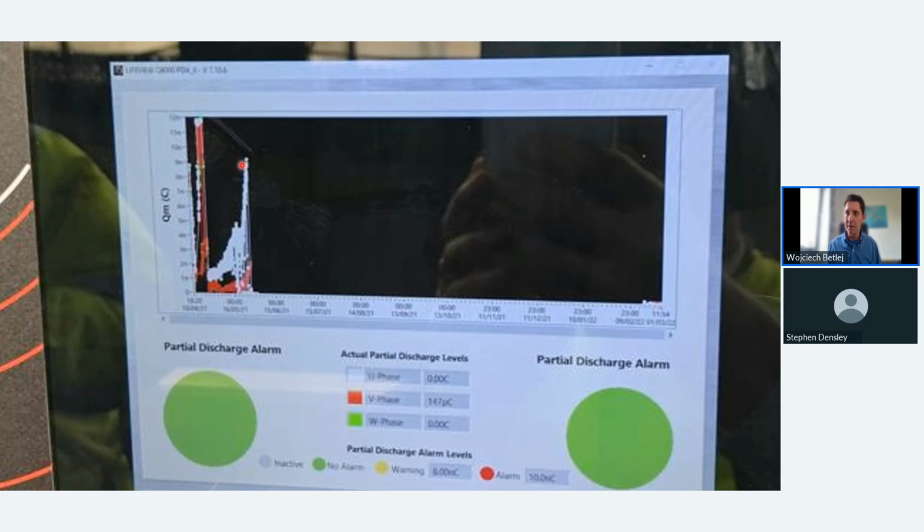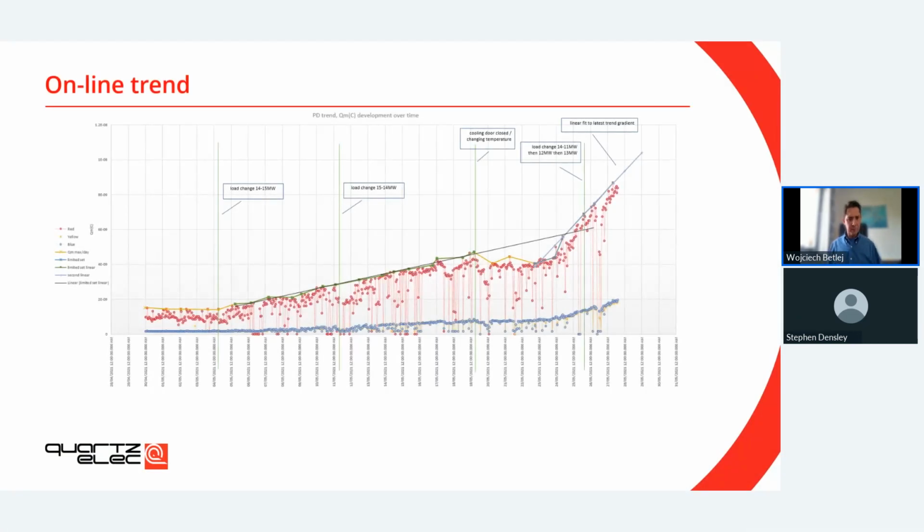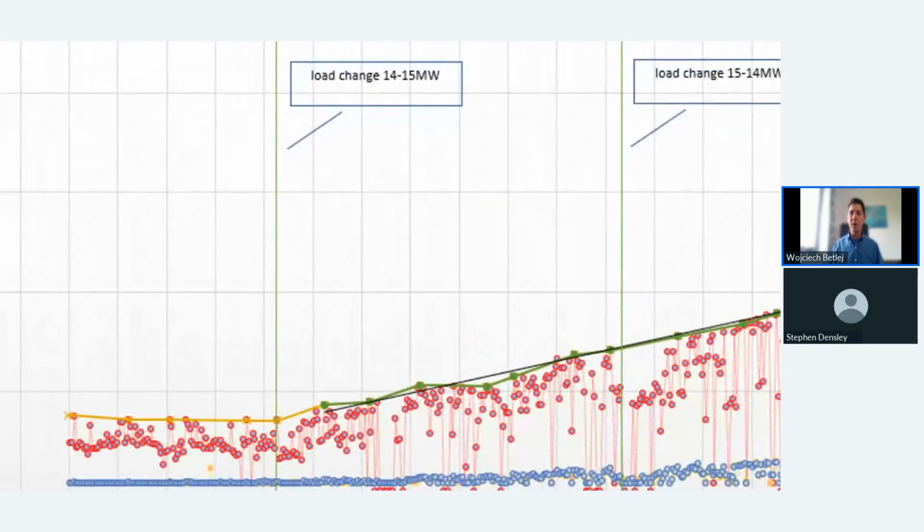One of the phases, marked here in white, has seen a significant increase since the machine came back online. So our engineers took all the data and plotted a proper curve so you can analyze exactly, step by step, what has happened. Let's look closely. The machine came back online, and for a period of time everything was stable.